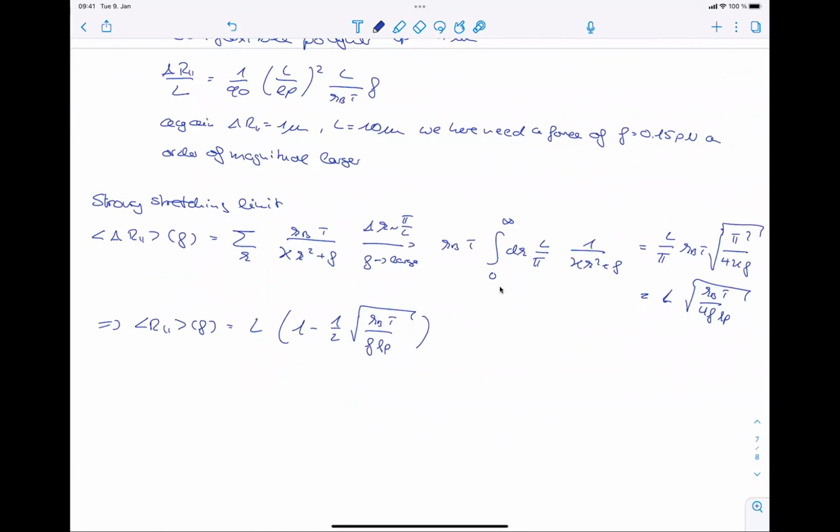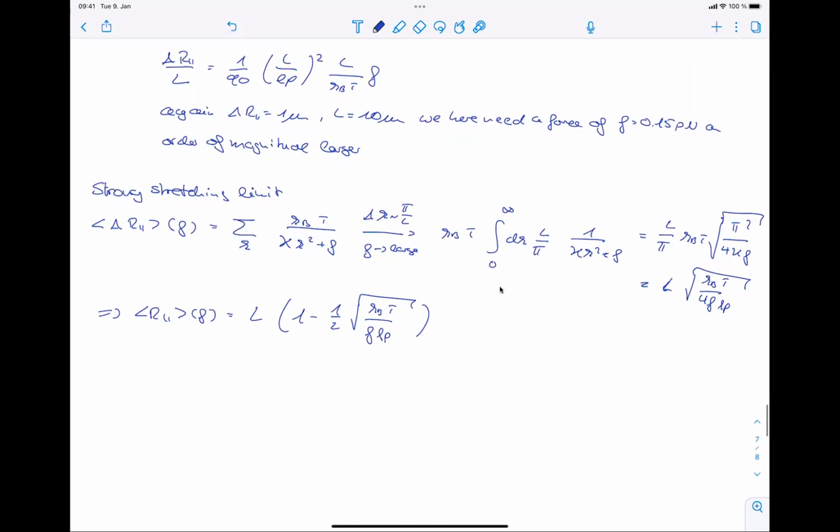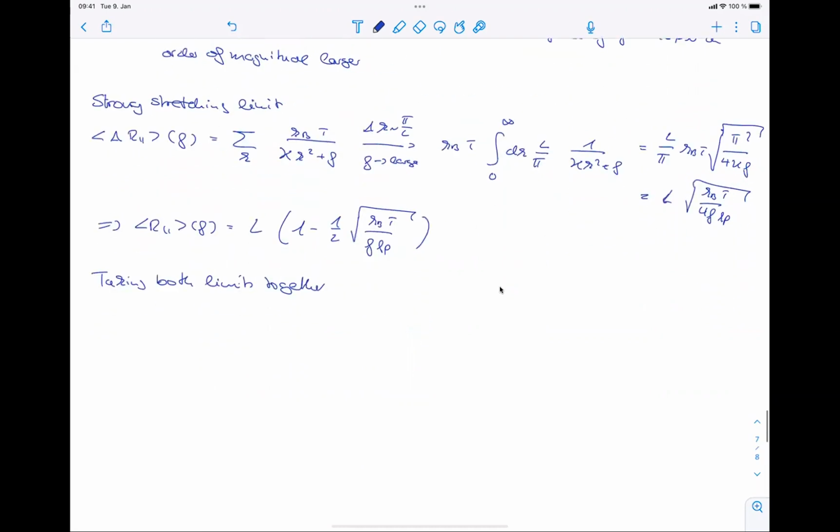And so just to have an overview, taking both limits together, we see we have this entropic effect, and then this force effect that I'm writing here in yet another form.